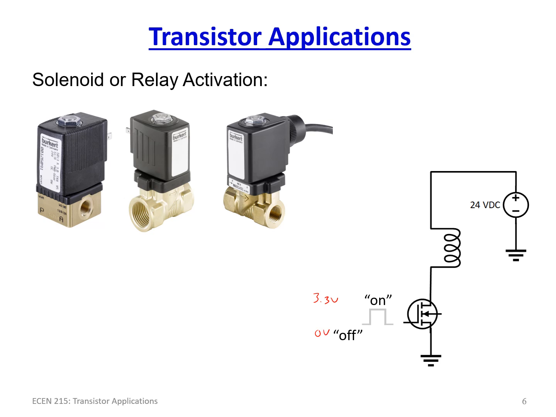So as long as I put 3.3 volts on this gate, the current would flow from 24 volts, so it's a 24 volt solenoid, it would go through the coil and would continue through. If I put 0 volts on here, it would be off, and we would end up with no current flow, and so the relay would be off, causing the valve to not actuate.